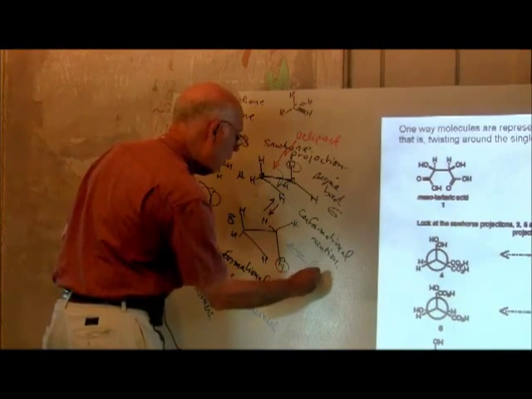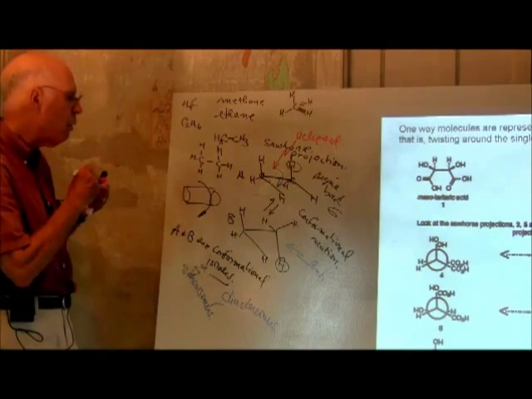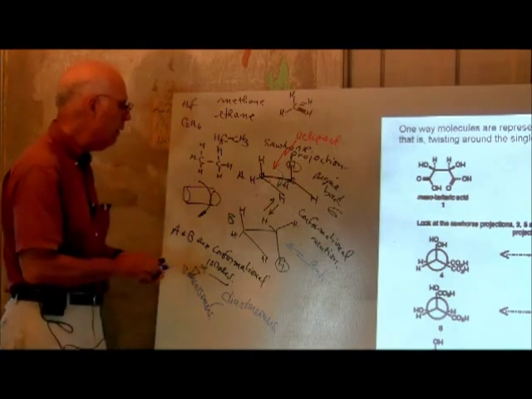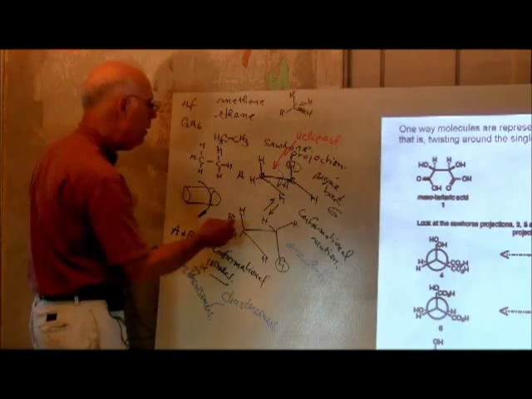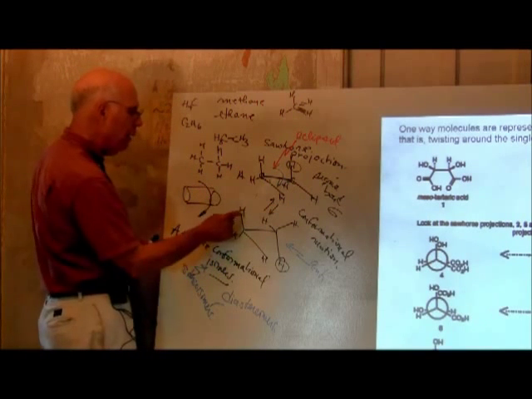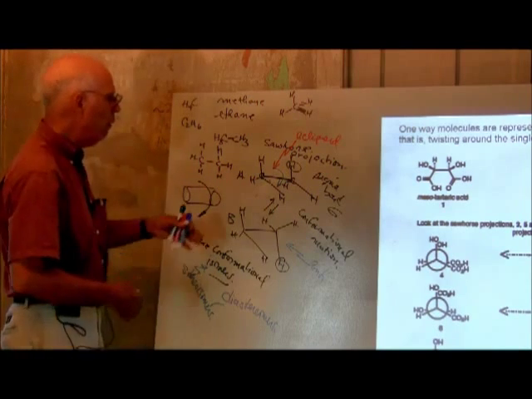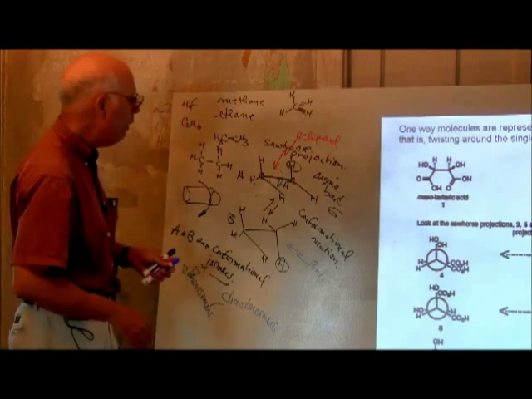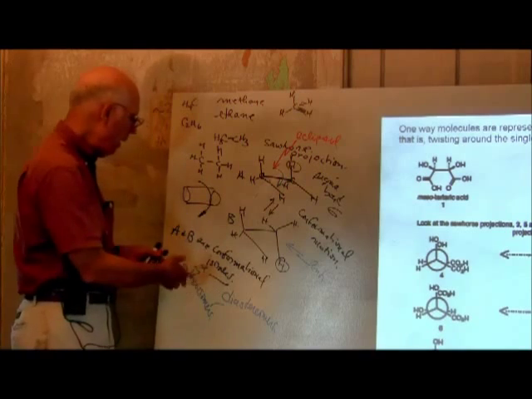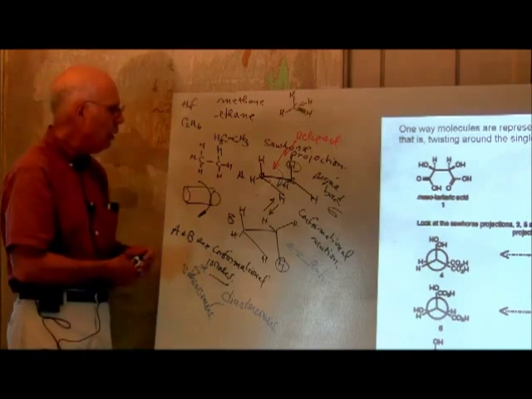Everything is eclipsed here. This is called, on the other hand, anti, or sometimes trans, but anti. Why is this called anti? Because now, instead of everything eclipsed, these are opposite from each other. Well, these are diastereomeric conformational isomers that appear through conformational motion. What's going on here?